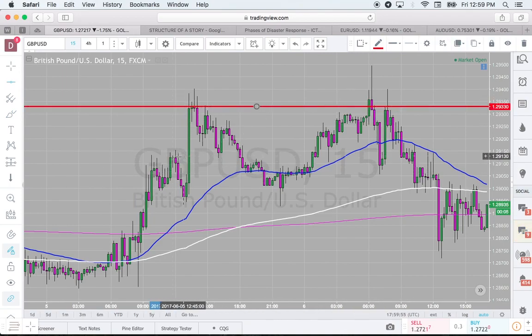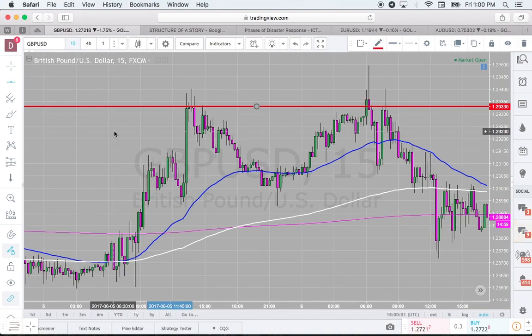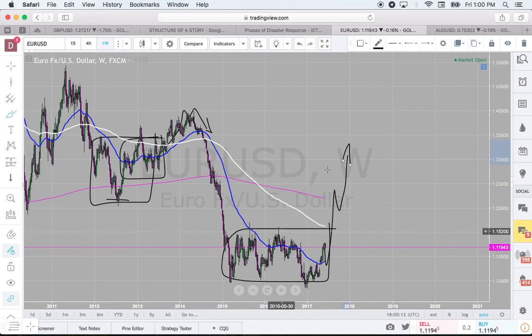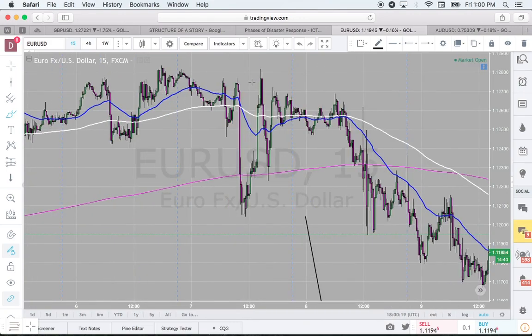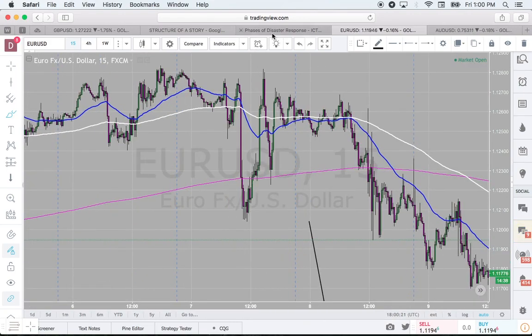I've noticed the GBP pairs, especially GBP JPY, sometimes have stop hunts of 30 to 50 pips at the higher range, and Euro USD normally has stop hunts within the 20 to 30 pip range.